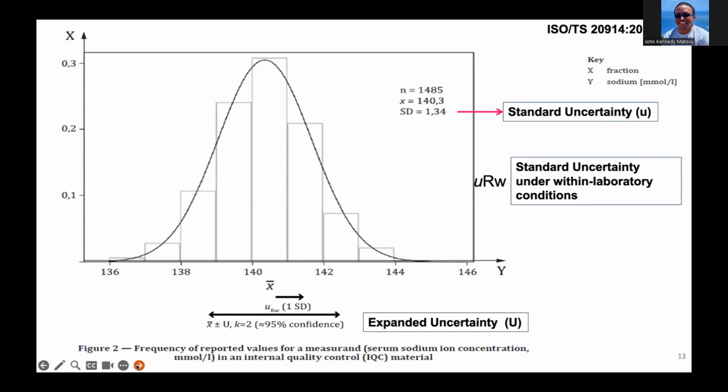And that is your mean plus your uncertainty times that factor. As we go along in the equations, you'll be able to see how we calculate that.